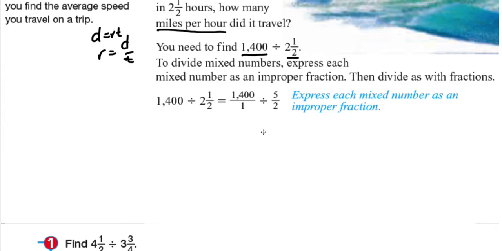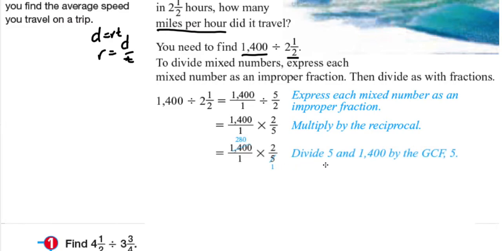According to what we learned in the last lesson, we multiply our dividend with the reciprocal of the divisor, which is 2/5. Then we get the GCF of 1,400 and 5, which is 5.